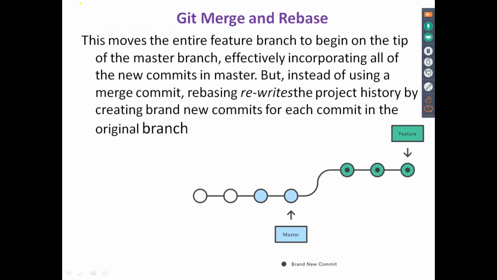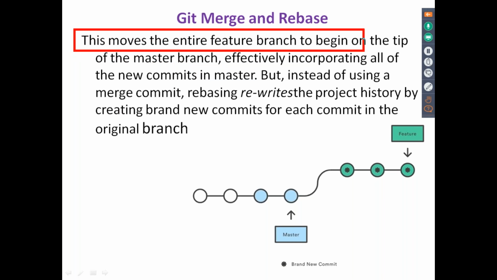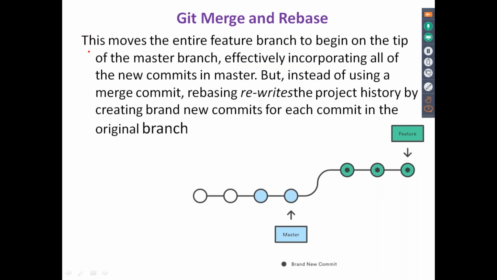See this statement here. This moves the entire feature branch to begin on the tip of the master branch. The total branch is moved on to the tip of the master branch, effectively incorporating all new commits in master.